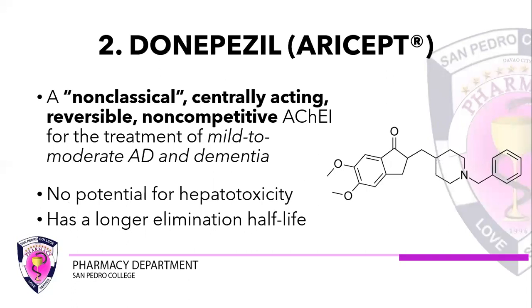Another drug for Alzheimer's disease, we have donepezil. Donepezil is a non-classical, centrally acting, reversible, non-competitive acetylcholinesterase inhibitor for the treatment of mild to moderate Alzheimer's disease and dementia. It has a longer elimination half-life compared to tacrine, and it has no potential for hepatotoxicity.